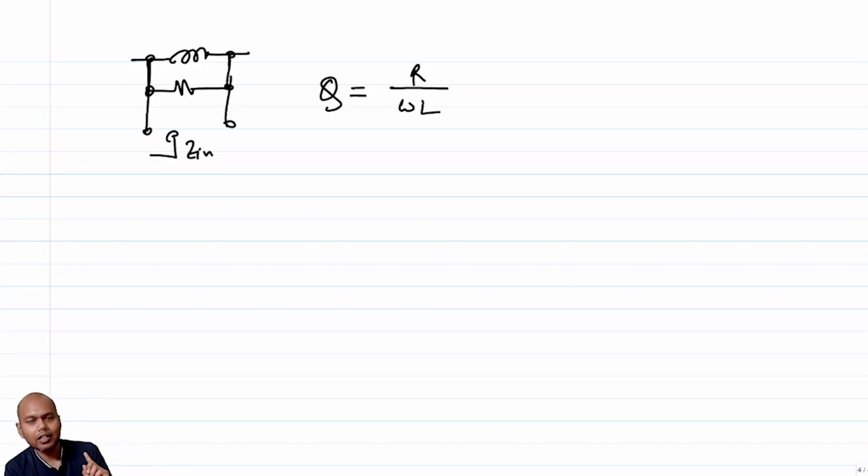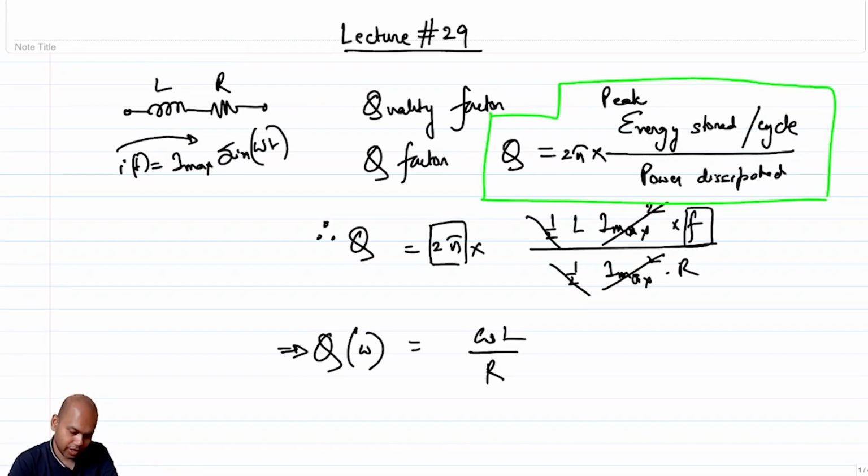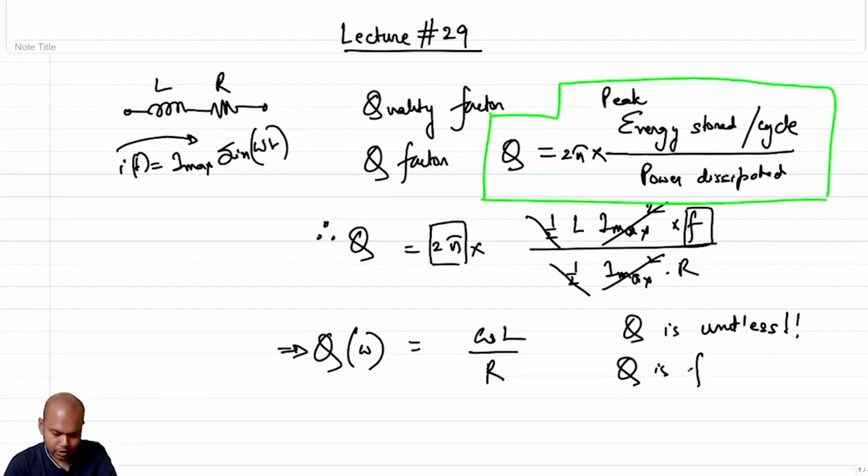Because note that Q factor does not have any unit, right? So another thing to mention is that Q is unitless, and Q is also frequency dependent, right? So these are the two things you should keep in mind all the time.